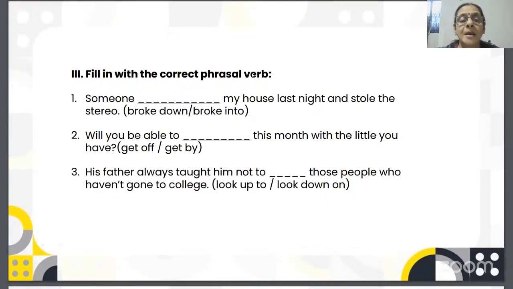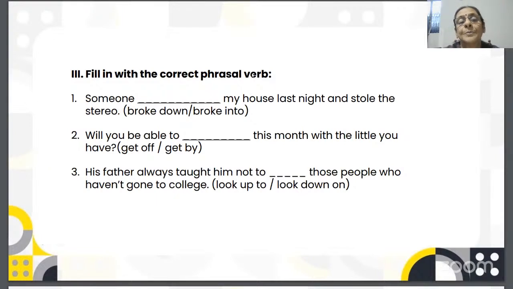Now fill in with the correct phrasal verb. A phrasal verb, you might have understood, can be a verb plus a preposition or a verb plus an adverb. Someone dash my house last night and stole the stereo.